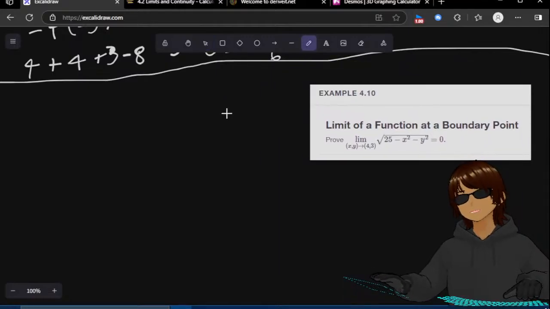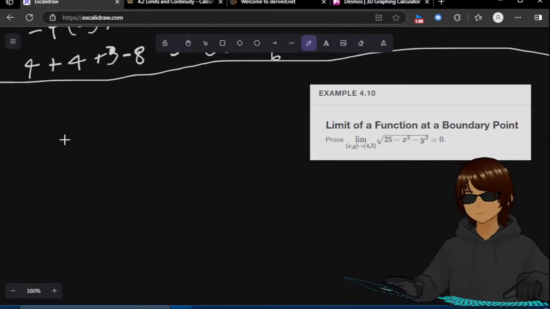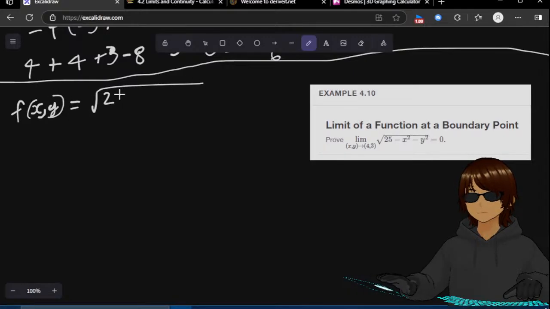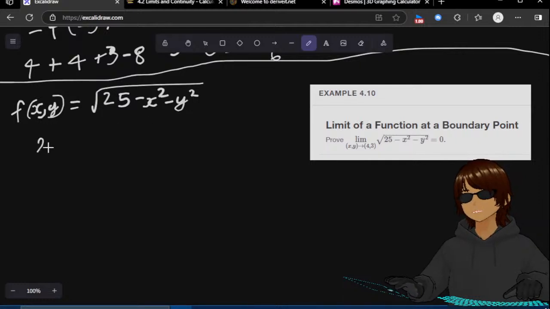So prove this. Yeah, limit at 4, 3. So let's say the domain of this is where the inside is more than 0.